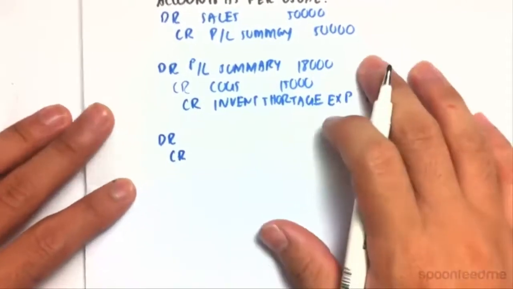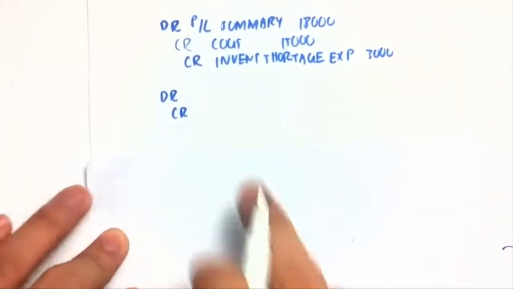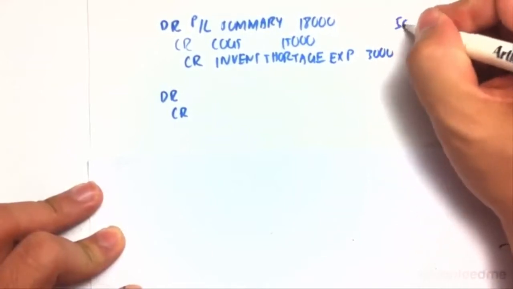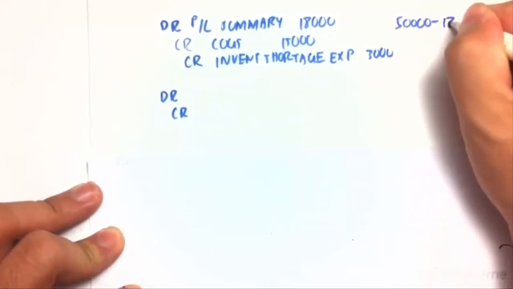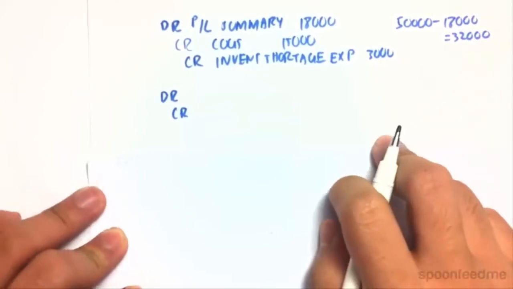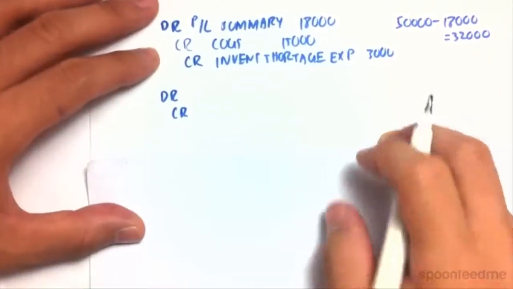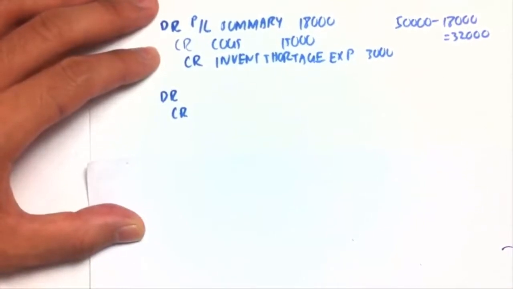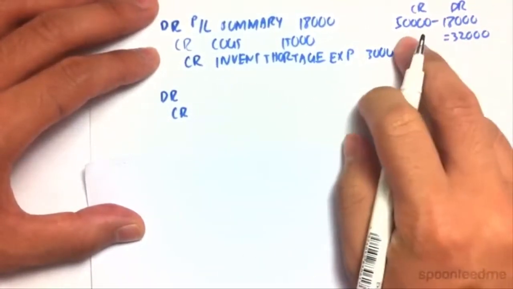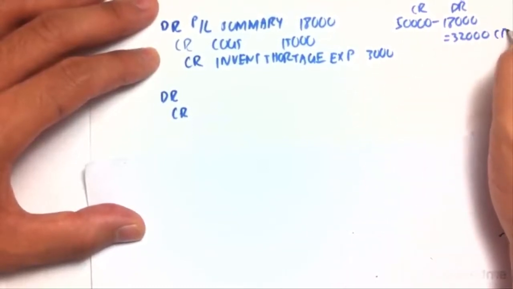Alright, and then afterwards we transfer any excess from the P&L summary. So we would do 50,000 minus 18,000. That equals $32,000, and it would obviously be in credit. Because that's a credit and that's a debit, this credit is higher than this debit, so there's still that much of a credit left.